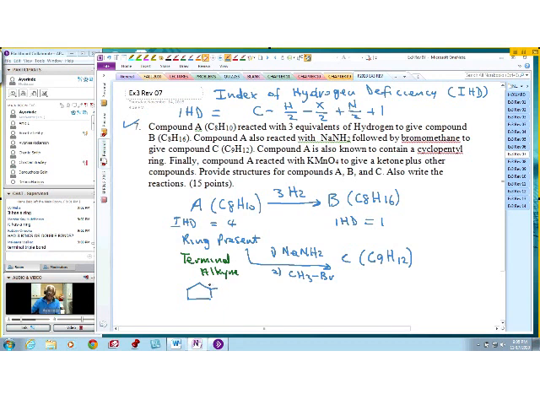Compound A only has 8 carbon atoms. They've given us 5 carbons in the ring system, and we also know that it has a terminal alkyne. So at this point, I will take a guess that compound A at least must have this.